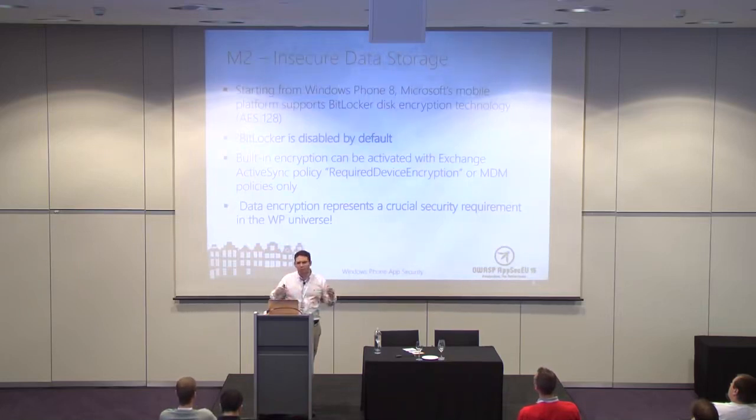We need to plug our device in something like Exchange, some Microsoft-related technology, and we have to enforce some policies in order to enable this additional security feature. And so once again, in the Windows Phone universe, the encryption of the data which are stored on the device is a crucial security requirement, in my opinion.